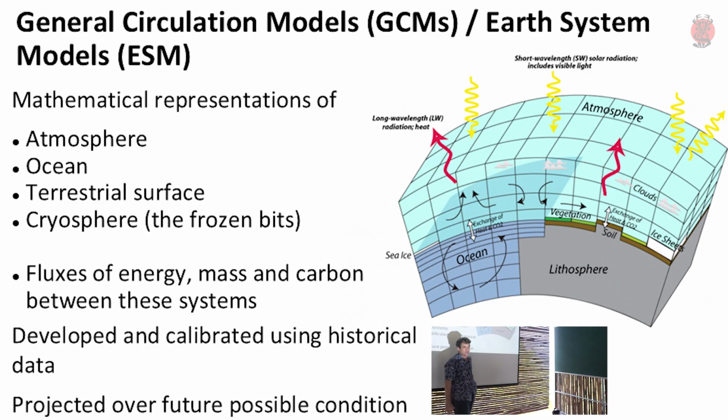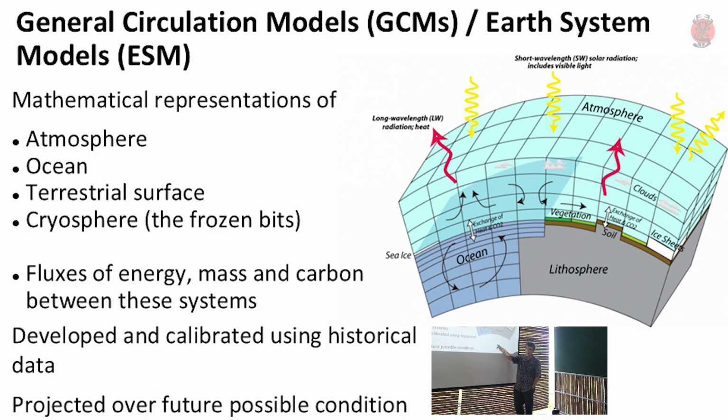So how are climate projections made? Well, the fundamental tool of any climate projection work are the general circulation models or Earth system models. These are mathematical representations of our atmosphere, our oceans, our terrestrial bits, and also the cryosphere, which is the frozen bits, your ice caps, your glaciers.